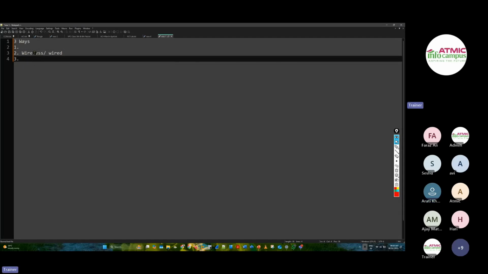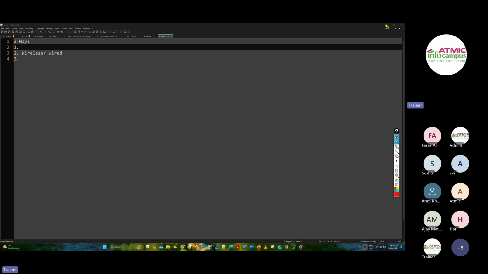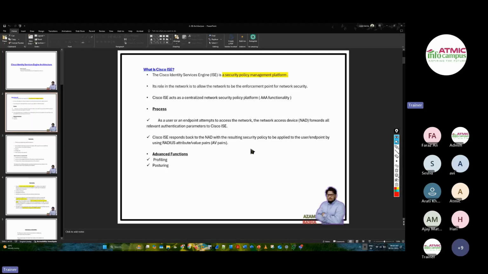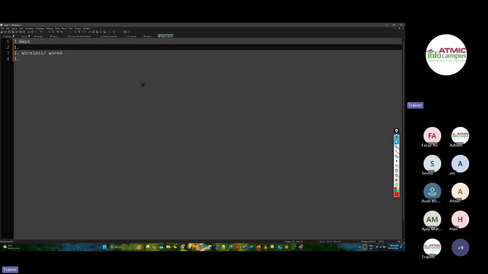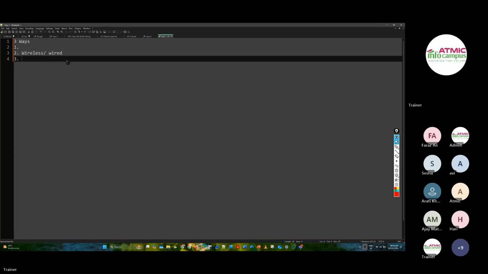And it can be a VM or appliance. Okay, VM and physical, that's the hardware. So the architecture: wired, wireless, and does anyone know that ICE is used in software defined access, SDA?